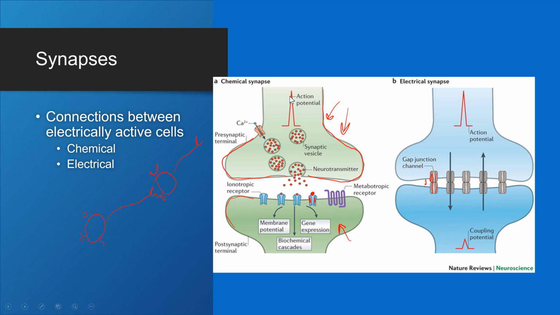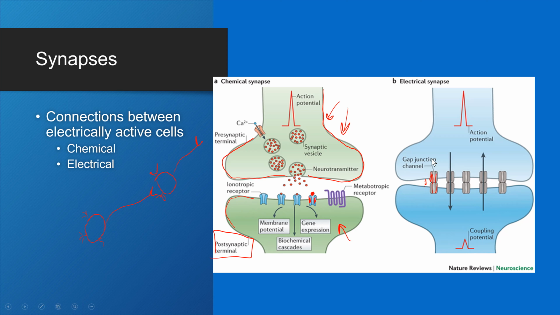So this neuron sends information in the form of an electrical impulse, but when it comes to the axon terminal, this electrical signal becomes the chemical signal of the neurotransmitter. And this neurotransmitter now will cause change in the postsynaptic neuron. That's a chemical synapse.